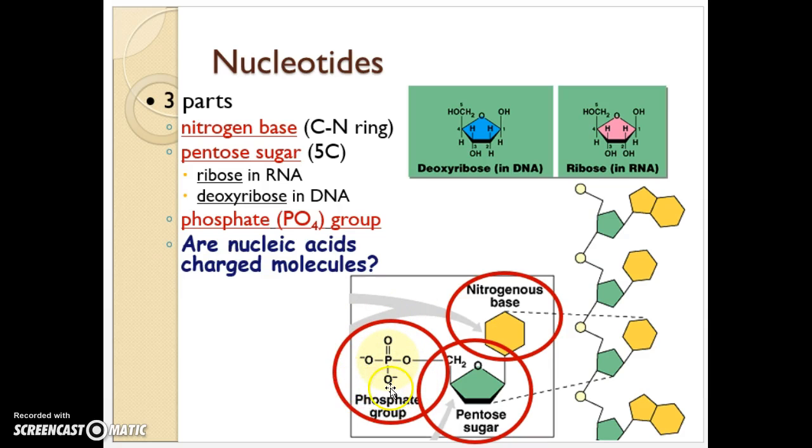So if you remember again, a phosphate group with these 4 electronegative oxygens is a very highly electronegative functional group. And so that negative functional group makes the entire DNA molecule negative.